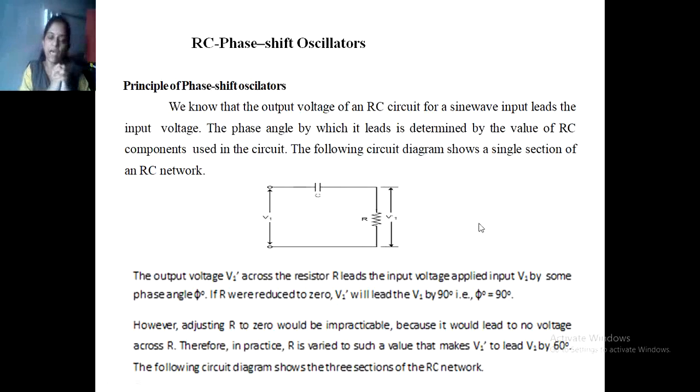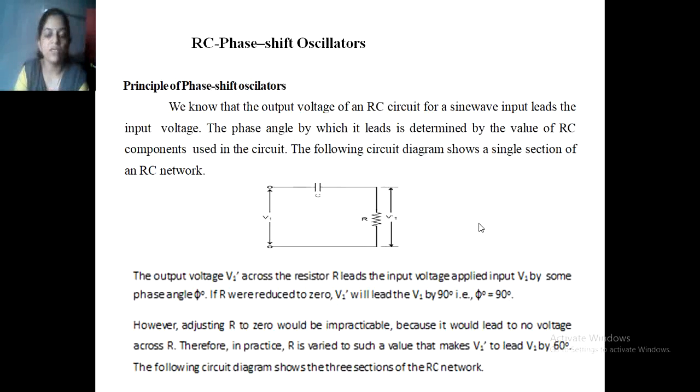We know that the output voltage of an RC circuit for a sine wave input leads the input voltage. The phase angle by which it leads is determined by the values of the RC components used in the circuit.